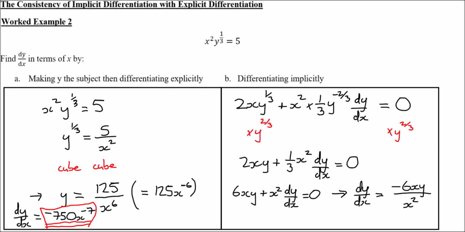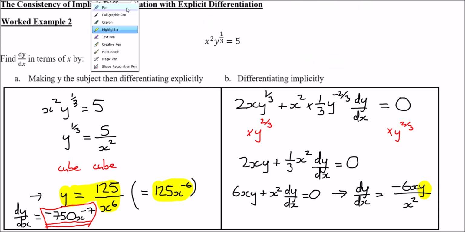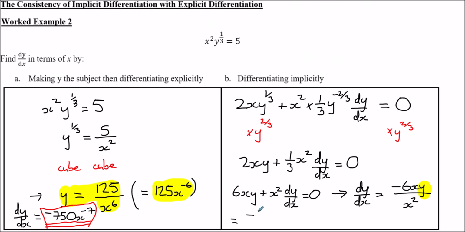But of course, if we want it to be the same as this, we need to think about what y is. So y, we actually had here, y was 125 over x to the power 6, which is the same as this thing here. And so if I make that substitution, so dy by dx is minus 6x times 125 x to the minus 6, all divided by, of course, x squared, running out of space here again.